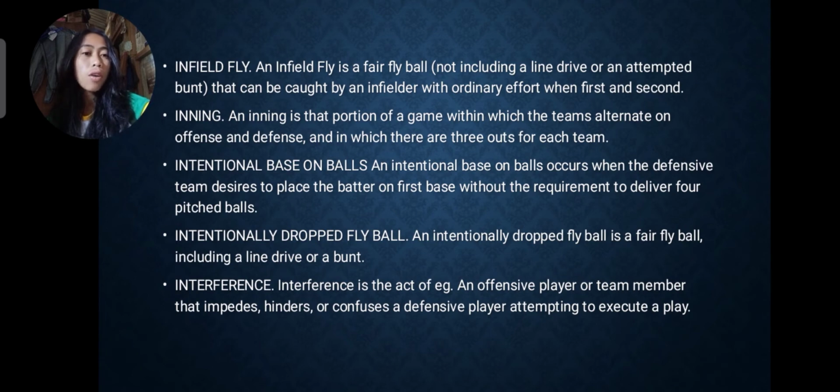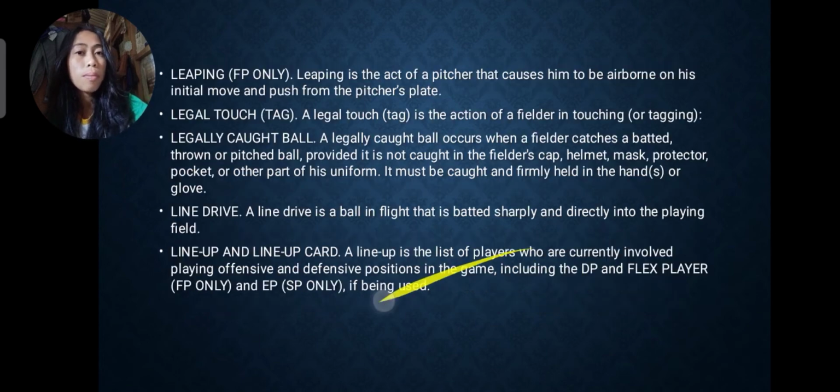Interference is the act of, example, an offensive player or team member that impedes, hinders, or confuses a defensive player attempting to execute the play. And leaping. Leaping is the act of a pitcher that causes him to become airborne on his initial move and push from the pitcher's plate.